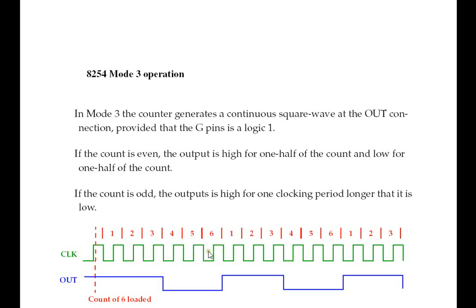Here 6 is an even number, so we have two parts. In the first 3 we have the upper part and from 4 to 6 we have the lower part. And if it becomes 5, then the first 2 can be the upper or lower part, and the last 3 can be the lower or upper part. This is the sequential operation of mode 3.